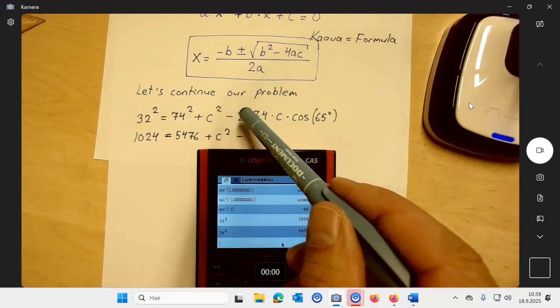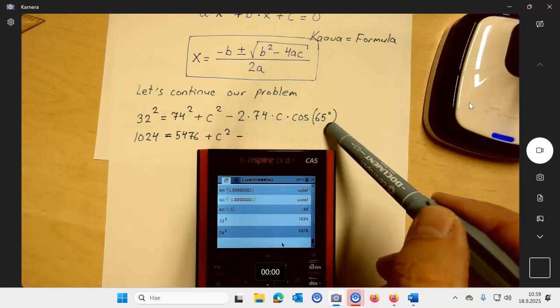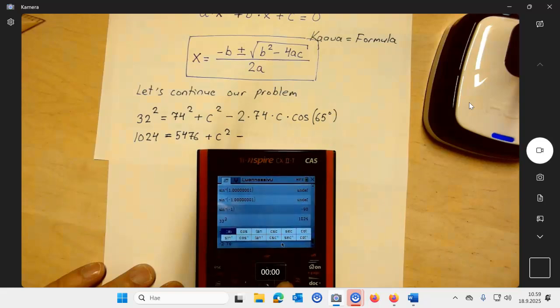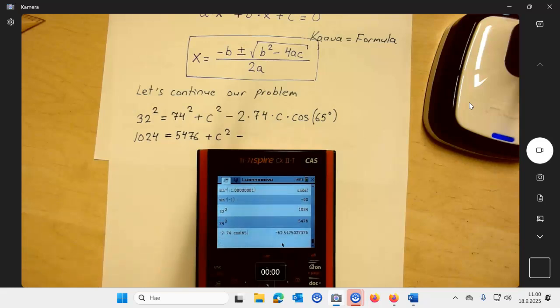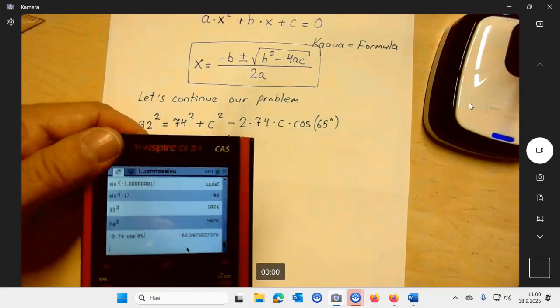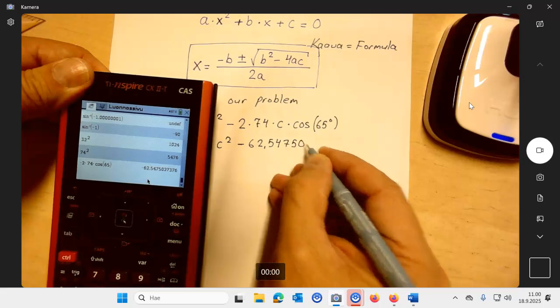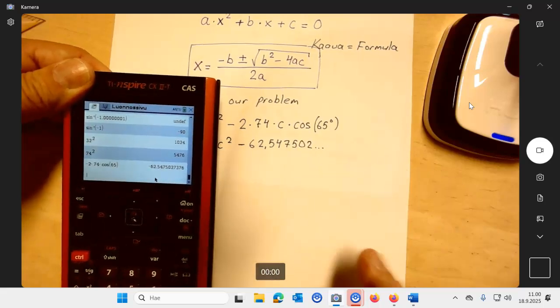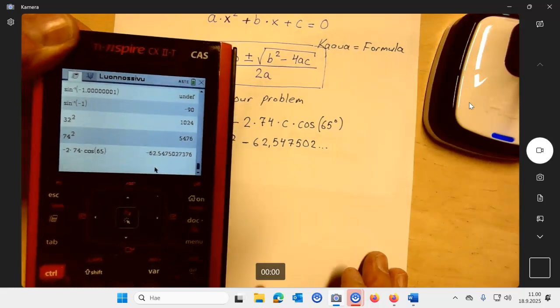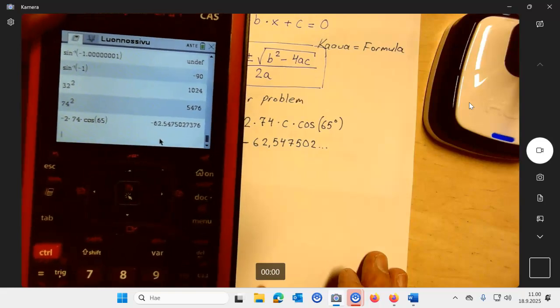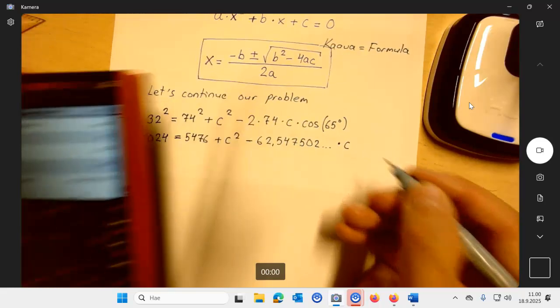So I will multiply 2, 74 and cosine 65, and of course this minus sign there also. 2 times 74 times cosine 65. I will not write the whole number there, but only some decimals of the beginning of it. And then we have times c there.